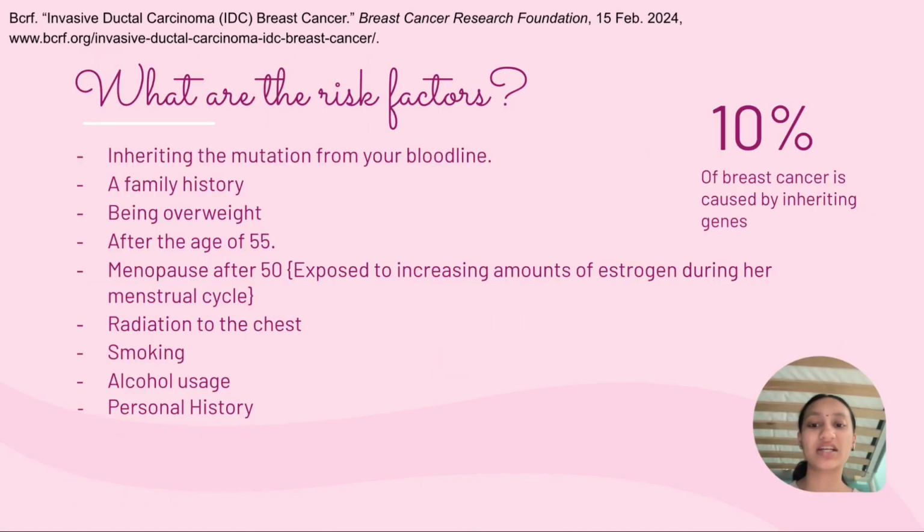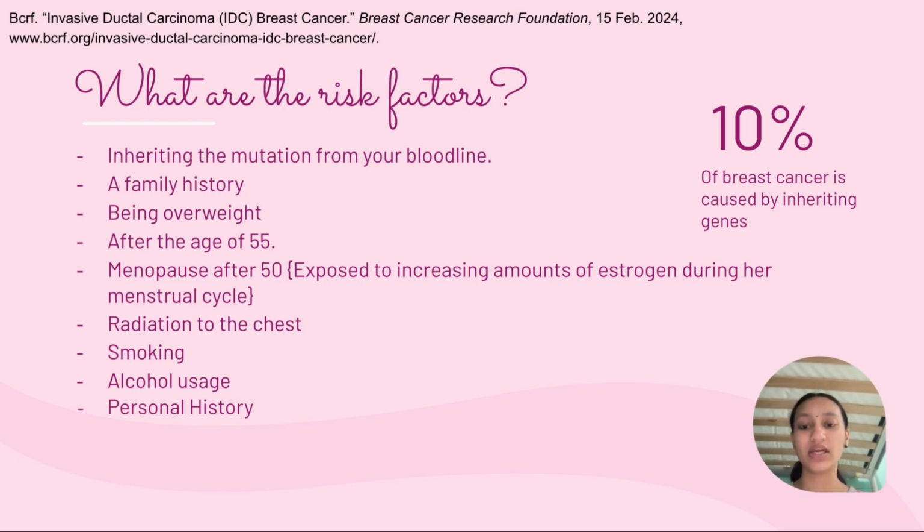What are the risk factors of invasive ductal carcinoma? One of them is inheriting a mutation from your bloodline. Breast Cancer Research Foundation says that 10% of breast cancer is caused by inheriting genes. Having a family history, such as a woman in your family tree who has had breast cancer, puts you at high risk.